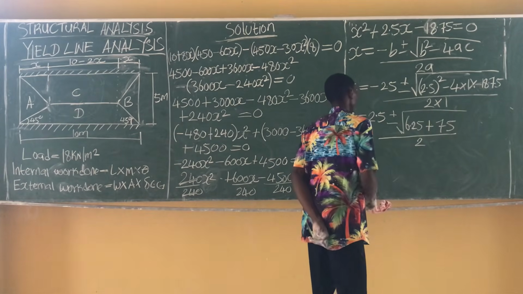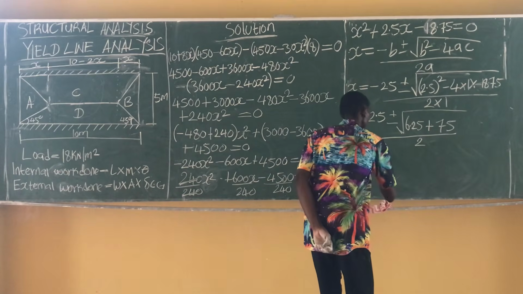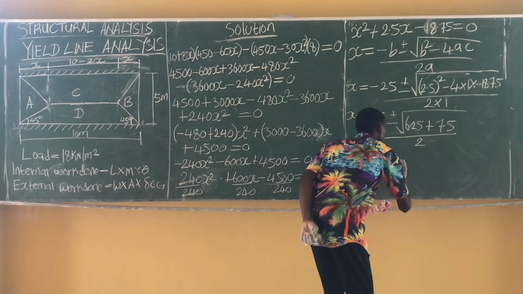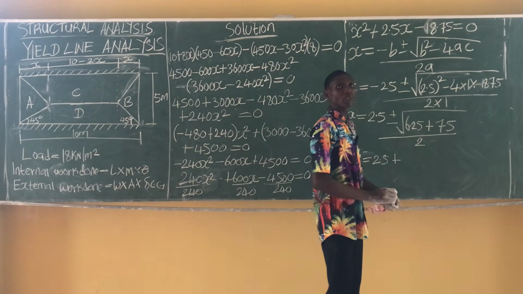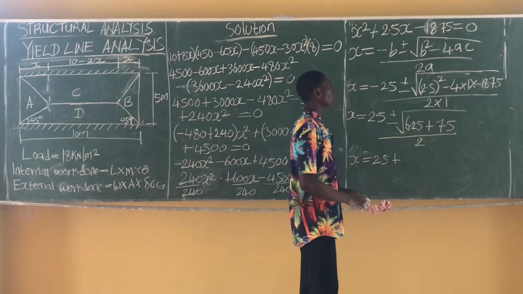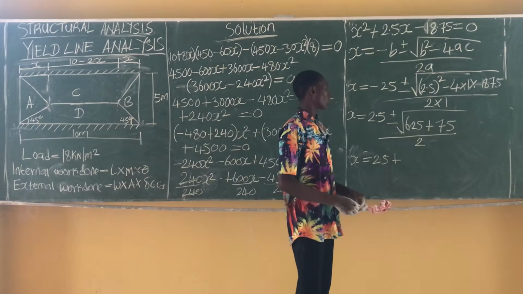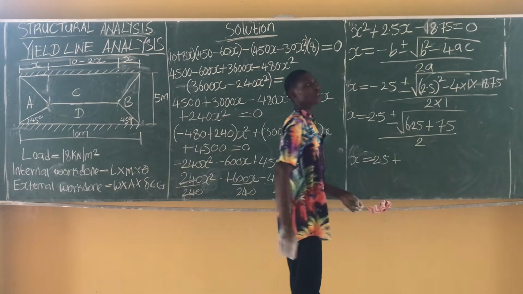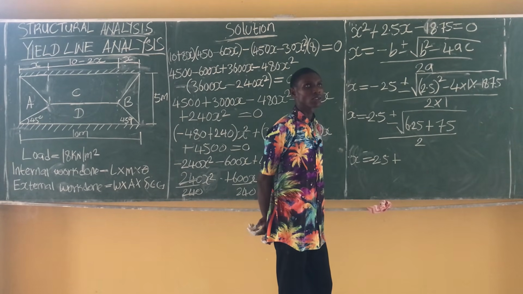So x is equal to minus 2.5 plus or minus the square root of 6.25 plus 75. Let me use the calculator now. 9.01.